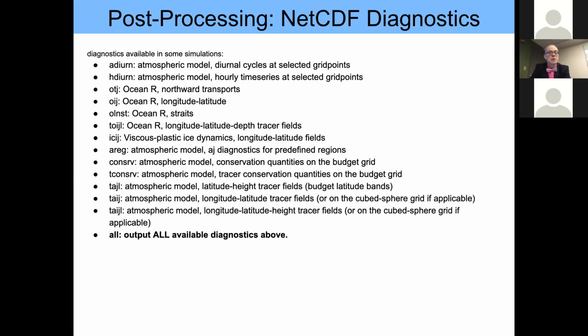Maybe you have used some of the tracers ones, TAJL, TAJ. If you want to use those, you can talk. And then, of course, there is an option: if you want to get all the diagnostics, you type Scale ACC, the name of your ACC file, and all, and it will generate every one of these files for you, and you can play with them to your heart's joy.